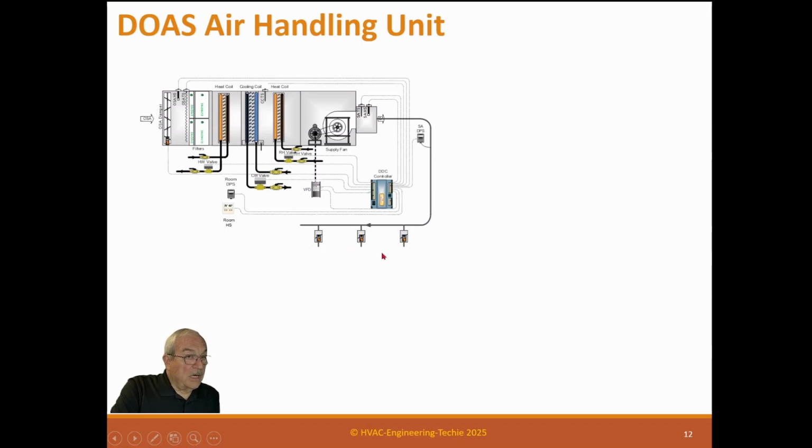Now, these won't be economizers, of course, because economizers will not work with a DOAS unit. I guess they would, but they kind of defeat the reason for a DOAS unit. At least I've never seen a designer do that. The whole purpose of the DOAS unit is to provide totally conditioned air down to these air handling units as outside air.